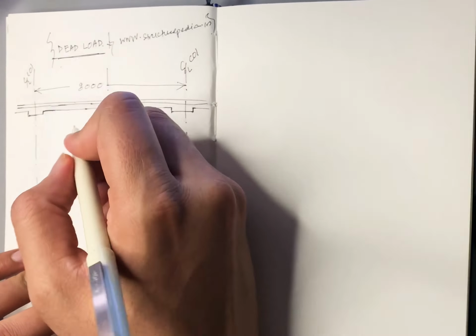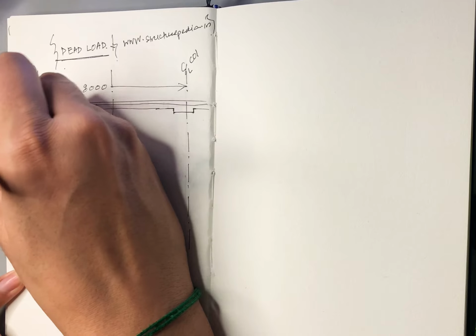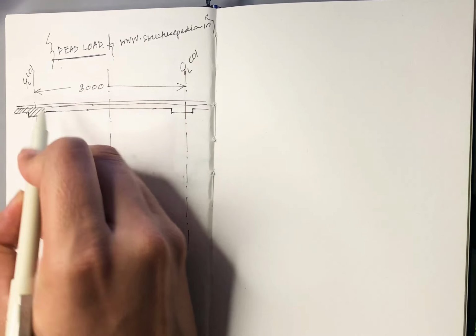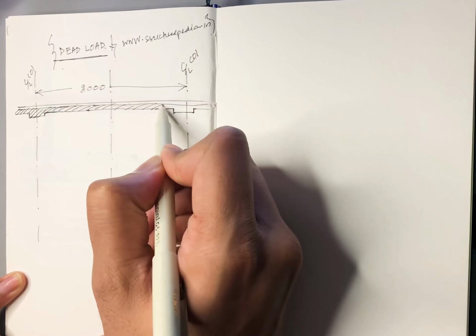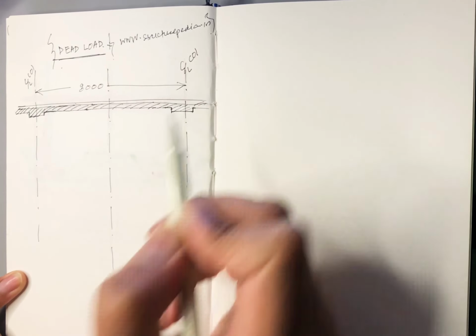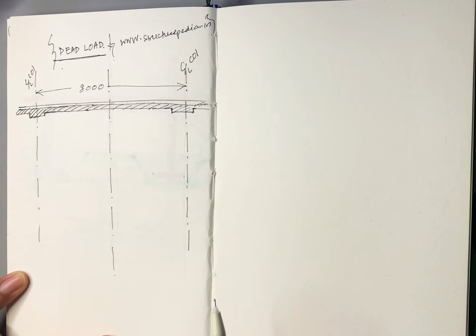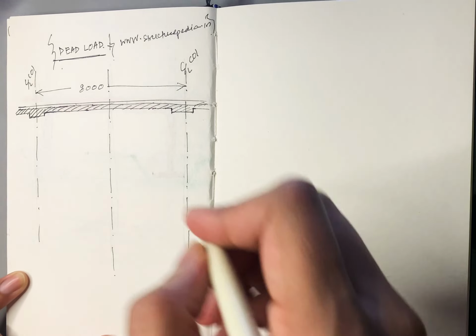This is my beam, and I'm shading the beams so you know which is the beam area. Now what are the dimensions?